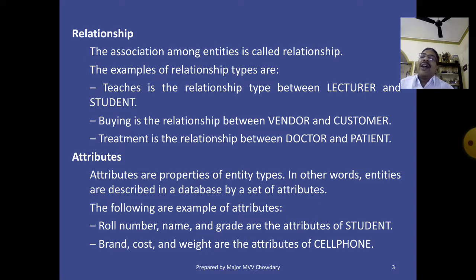Here, vendor and customers are two entities. In that, buying is the relationship. The name of the relationship is buying between vendor and customer entities.